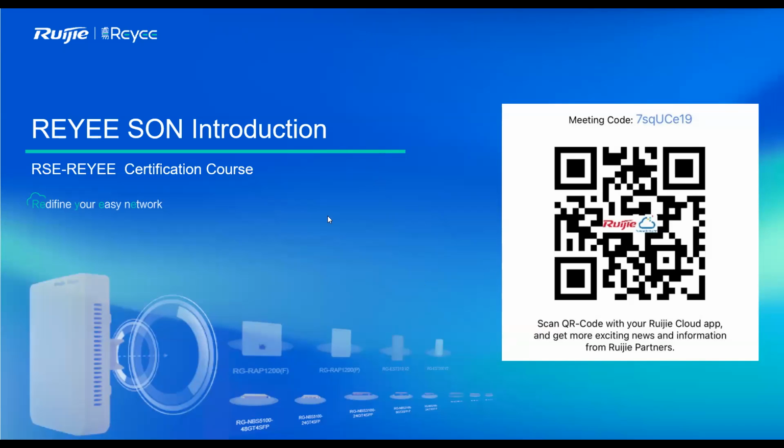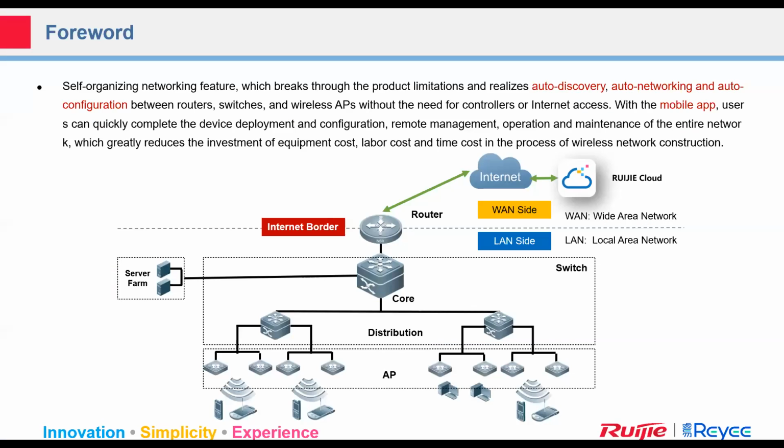So for SON, it has auto discovery, auto network, and auto configuration features between routers, switches, and AP, without the need of a controller. With these features, you can operate the entire network.